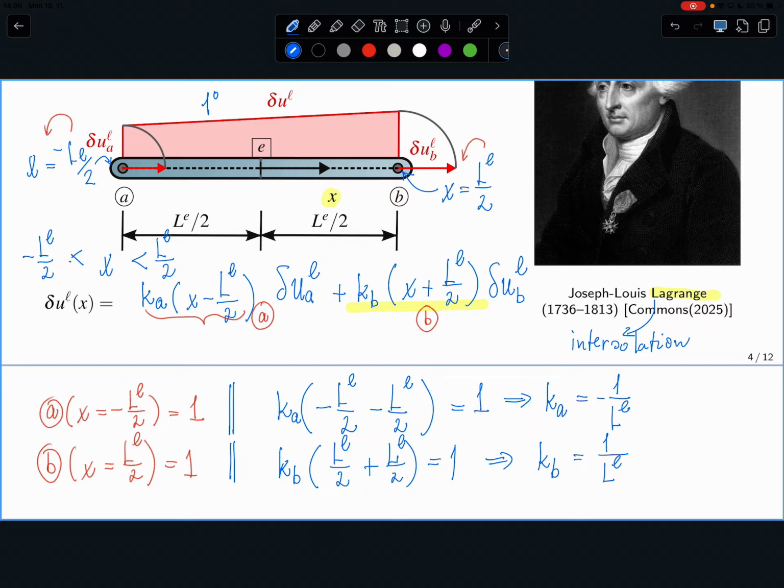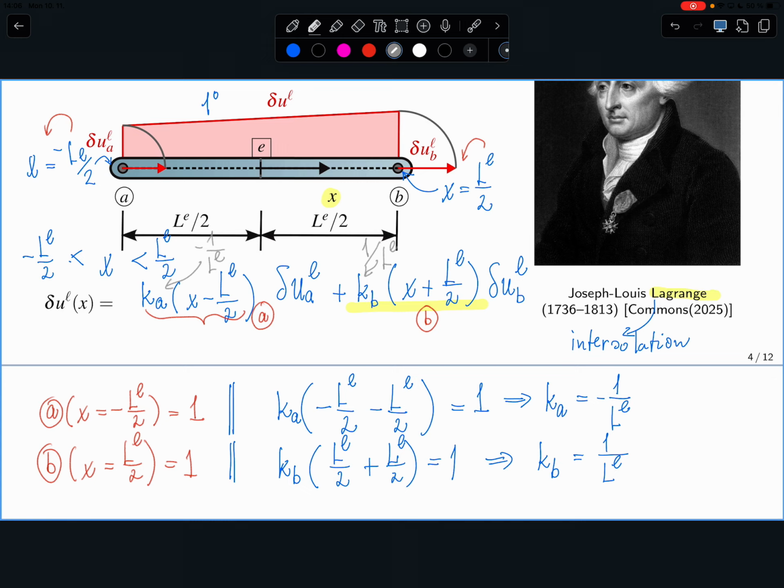So instead of this contribution in here, I will equivalently see this value of minus 1 over LE. Here I will see the value of 1 over LE.